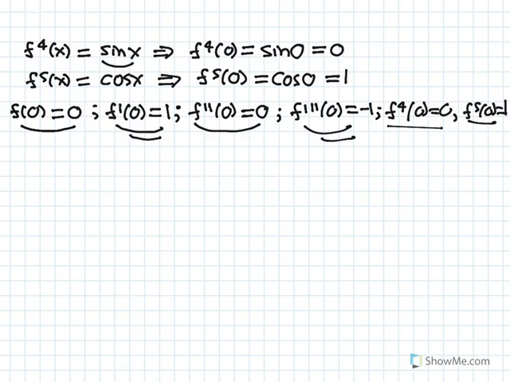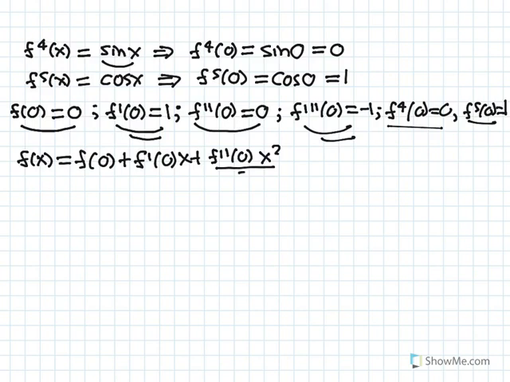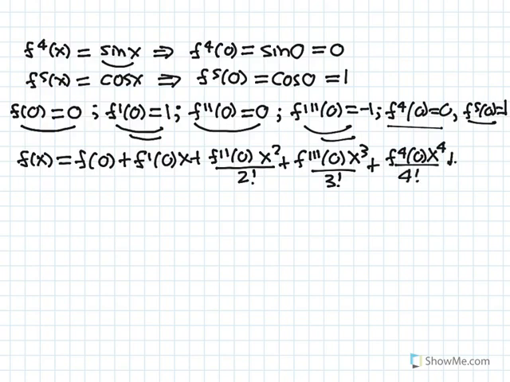So let's write down the formula for the Maclaurin series. F of x is equal to f of 0 plus f prime of 0 times x plus f double prime of 0 times x squared divided by 2 factorial plus f triple prime of 0 x cubed divided by 3 factorial plus f fourth of 0 x to the 4 divided by 4 factorial, and so on.